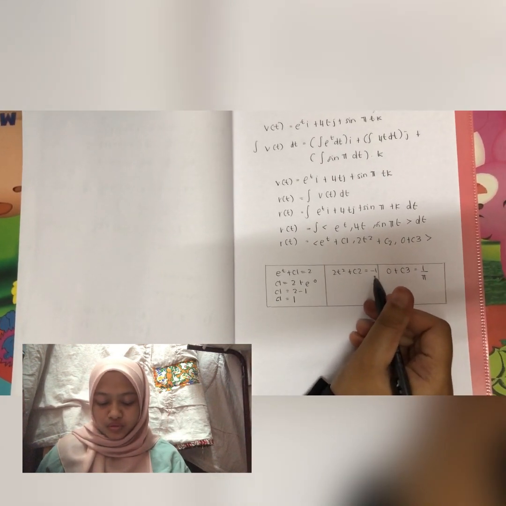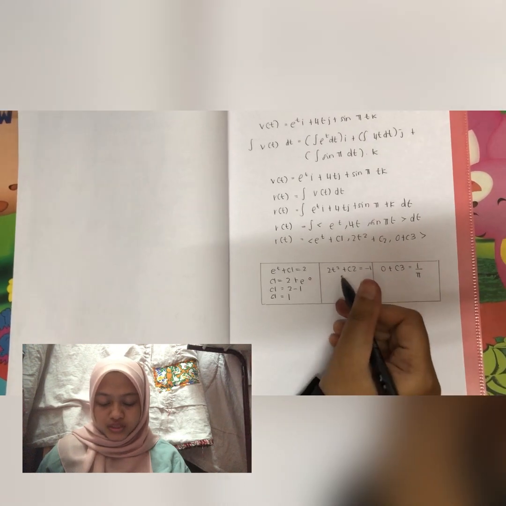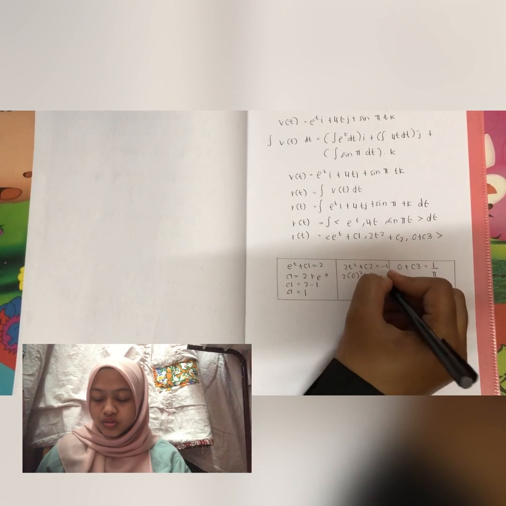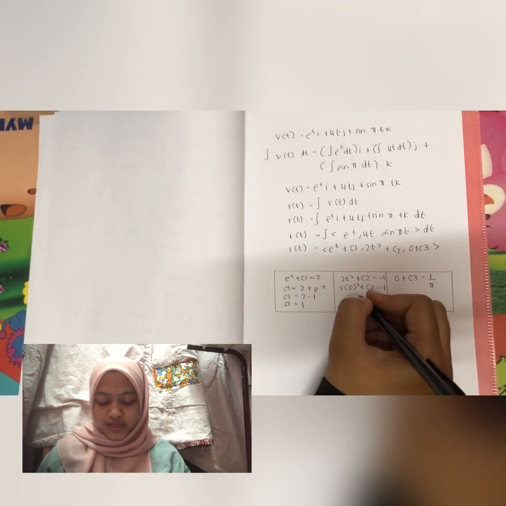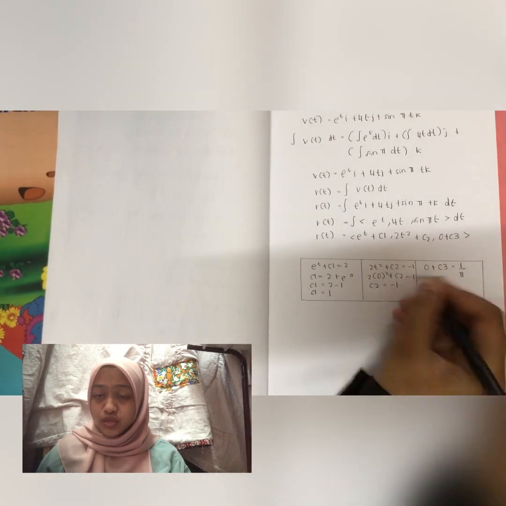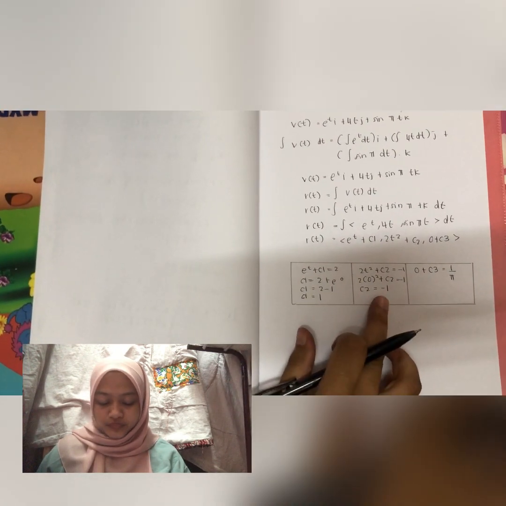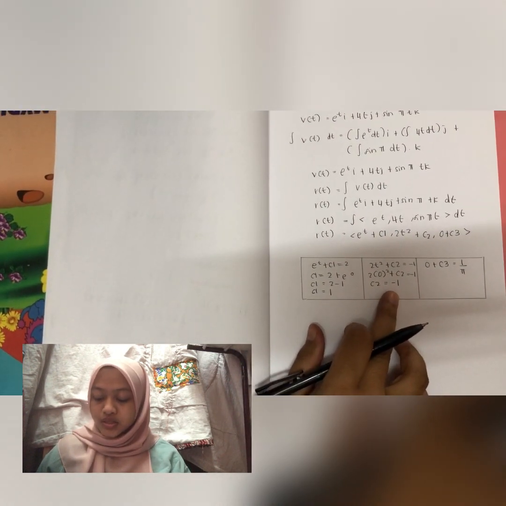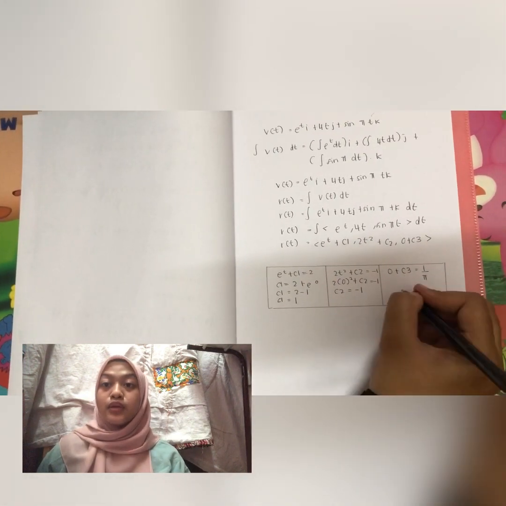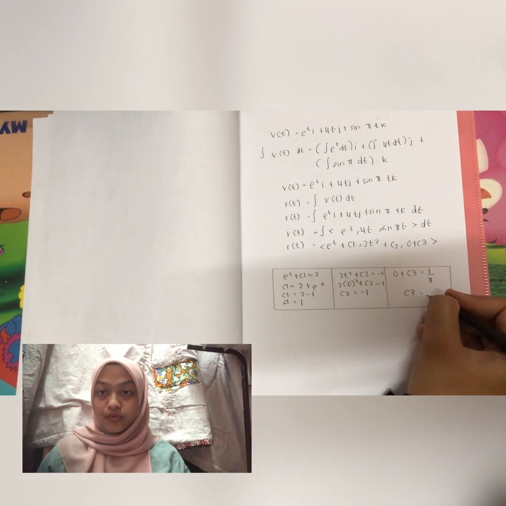Replace 0 into t to get the solution: 2 multiplied with 0 squared plus c2 equal to negative 1. So the solution will be c2 equal to negative 1. Third, for c3, 0 plus c3 equal to 1 over pi. So c3 will be 1 over pi.